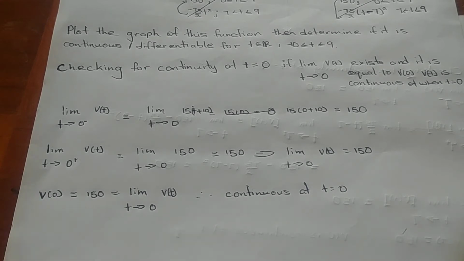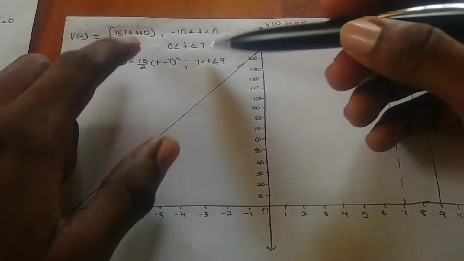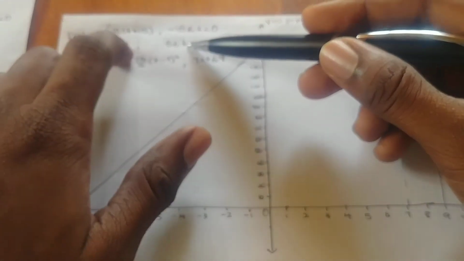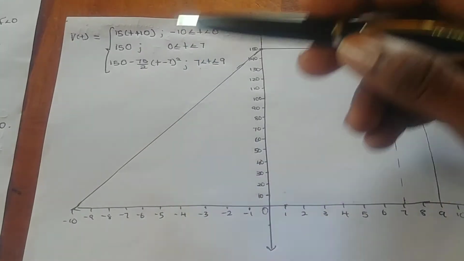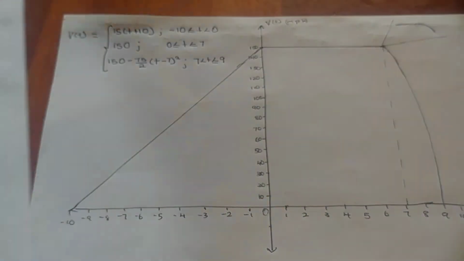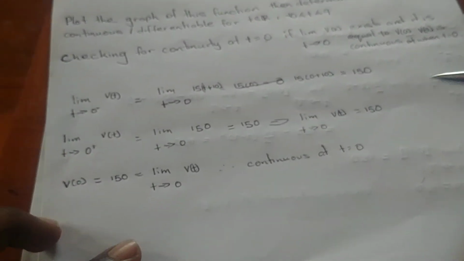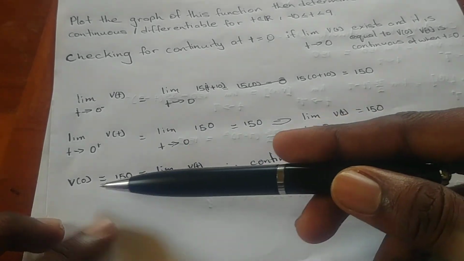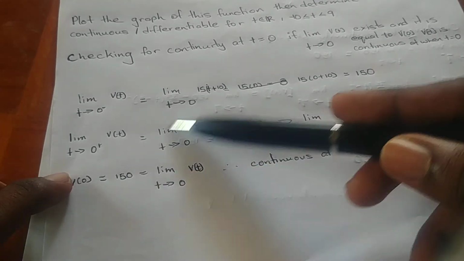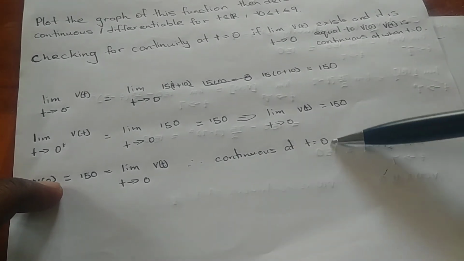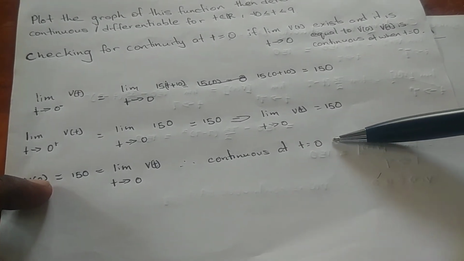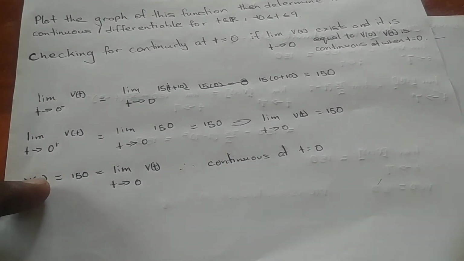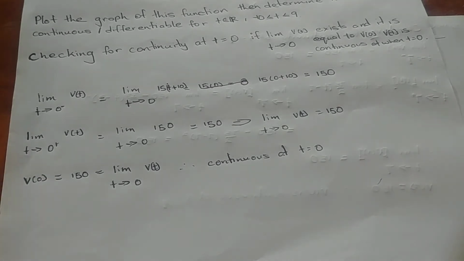That's this question, because 0 is included in this one, so that's 150. So v of 0 is 150, and 150 is equal to the limit as well. Because the function value is equal to the limit, we can say that it's continuous at t equal to 0, because it fulfills all the requirements needed to say that the function is continuous.